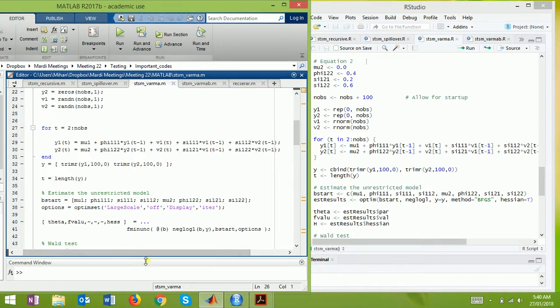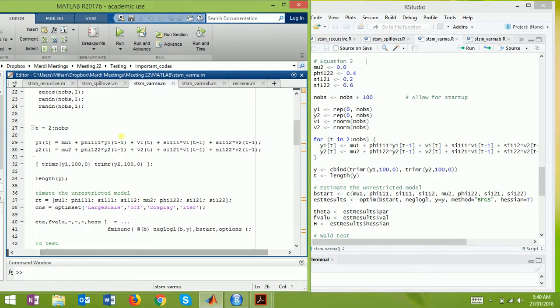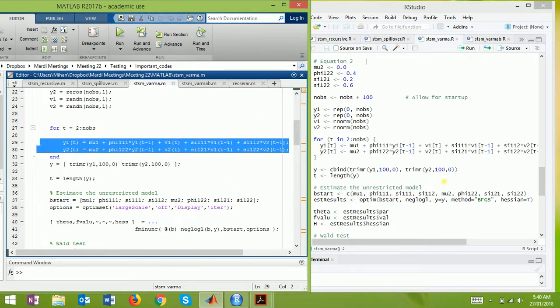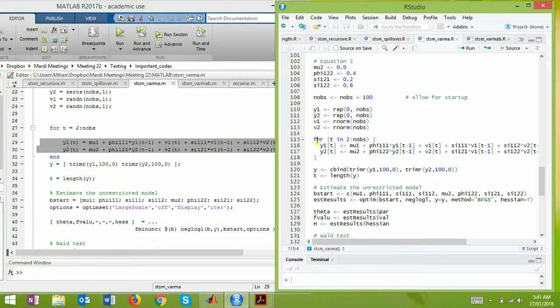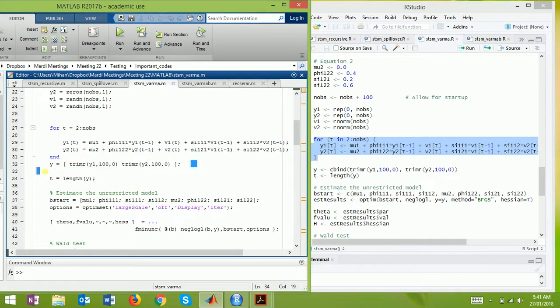And then the whole equation comes into play, with t minus 1. We just write down the whole equation, that's all. Both systems of equations for 2 to number of observations are created.